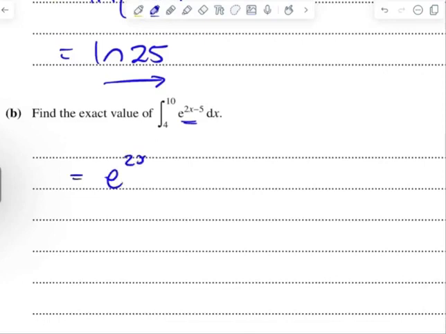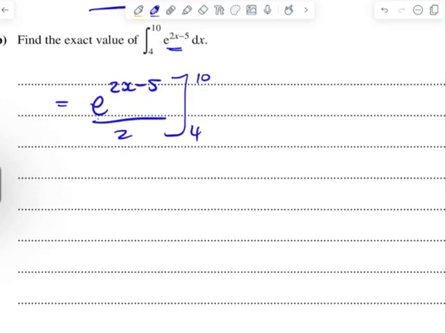So I'm going to integrate immediately. I'm just going to leave it as it is, that's the integral, and then divide by the coefficient of x. All right, that is basically the same as saying a half e to the 2x minus 5 between 3 and 4.